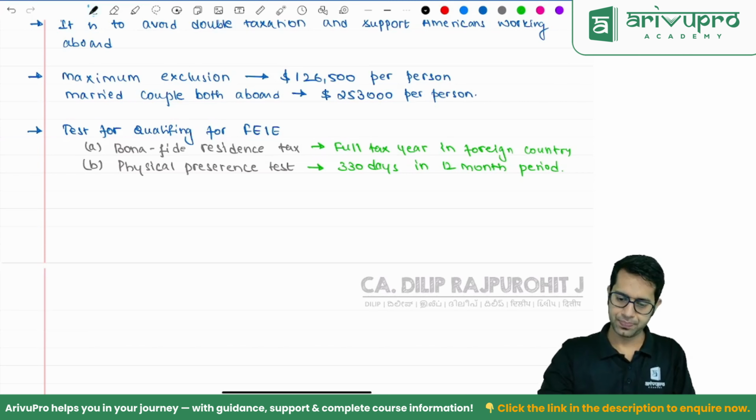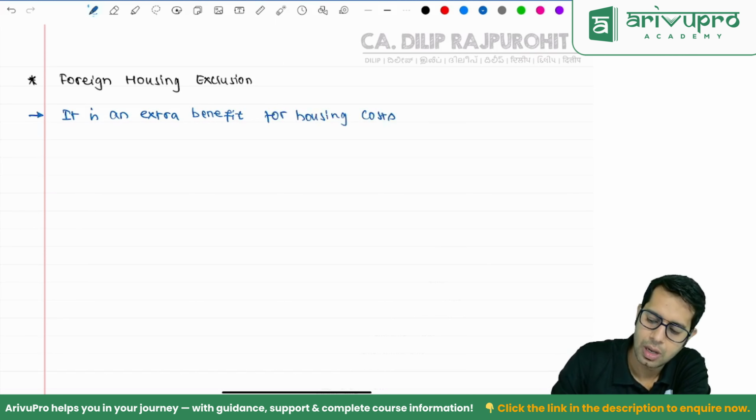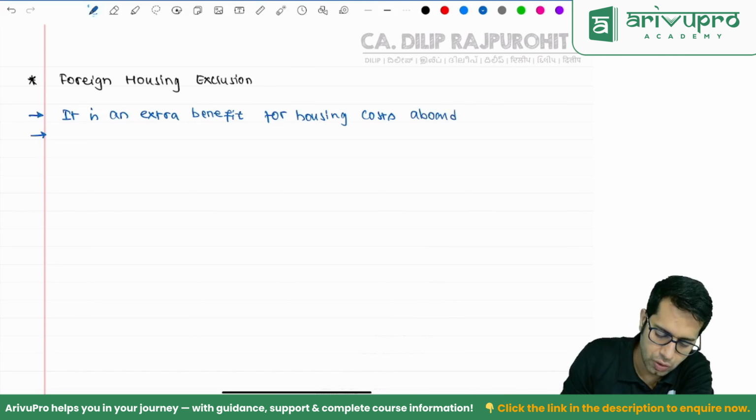It is an extra benefit for housing cost abroad. So because you are staying over there, you will have to pay like house rent allowance which we have over here. It is an extra benefit which is given for whatever housing cost you are paying abroad.